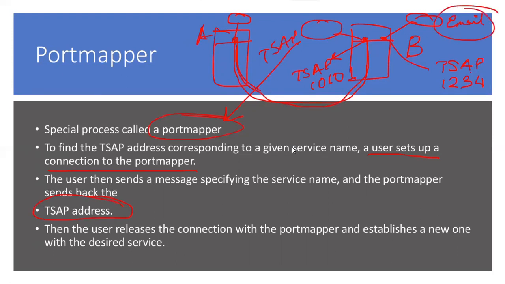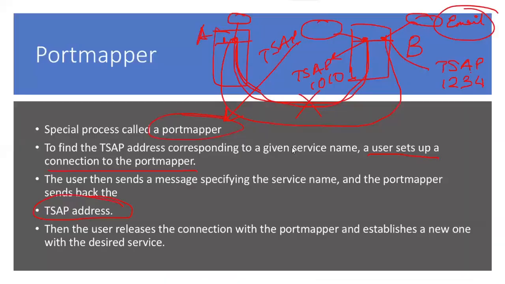Then A will release this connection and establish a new connection with the new TSAP that it got from the port mapper. So this is one way of handling it when you don't know the TSAP: using the services of a port mapper.